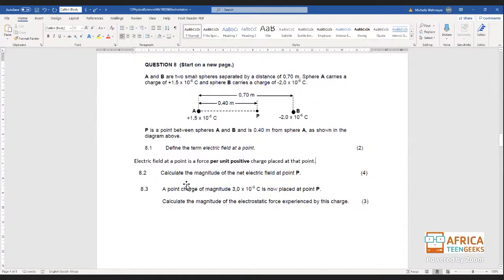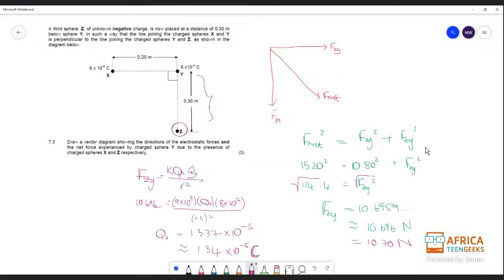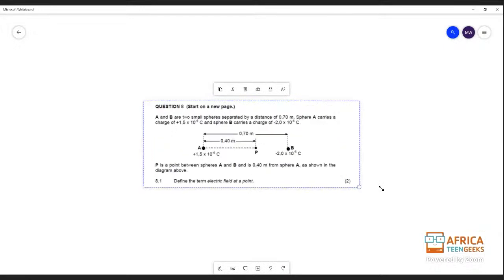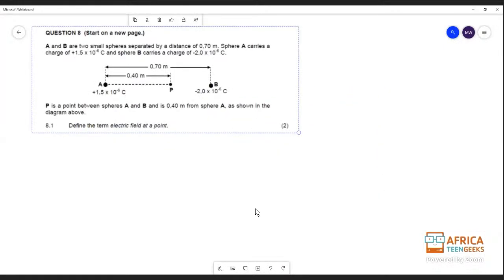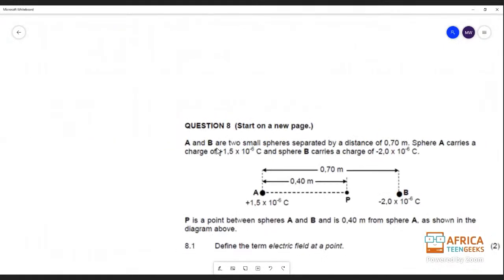Okay. Then 8.2, they ask you to calculate the magnitude of the net electric field at point P. So let me just copy this and open a new one, just so that we see what our charges are.